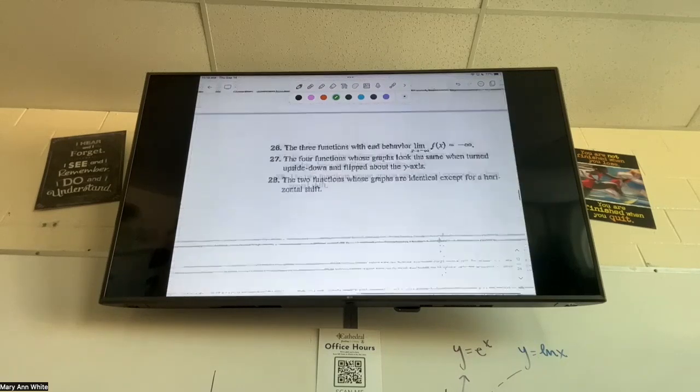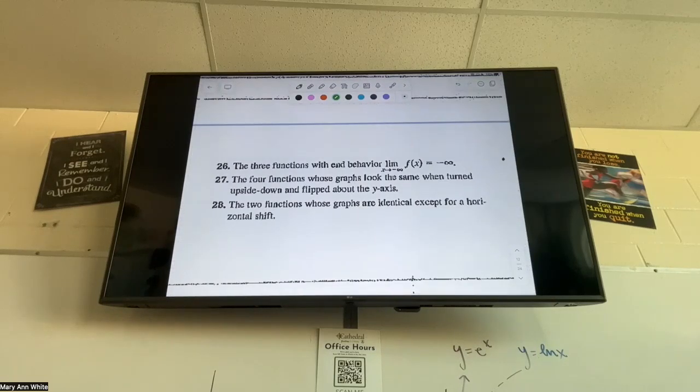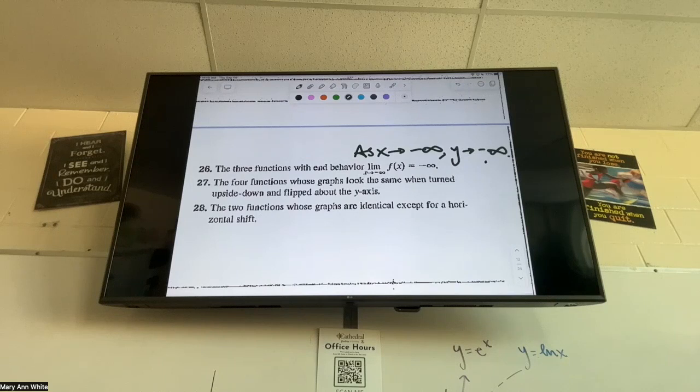All right, the last 3. Number 26 says 3 functions with end behavior as x approaches negative infinity, y approaches negative infinity. So we want 3 that do that. Which 3 are starting low?